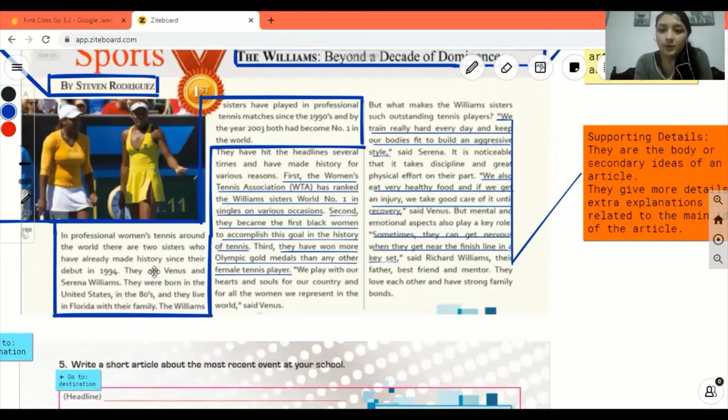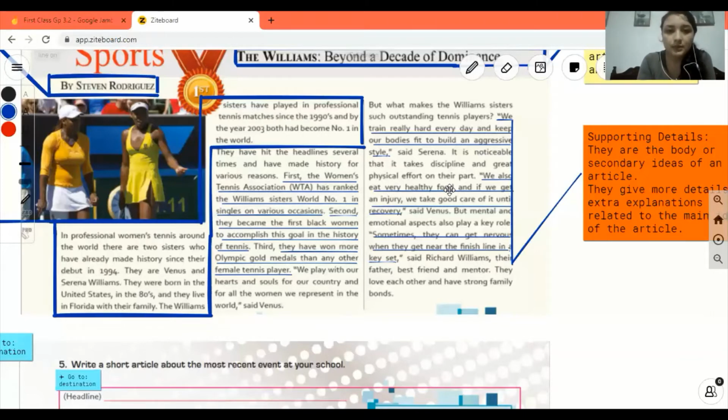With the supporting details, we can give extra information that gives a more specific idea about what the writer is writing, because it gives us extra information about what happens, what the reason is, or some details that give more sense to an article.